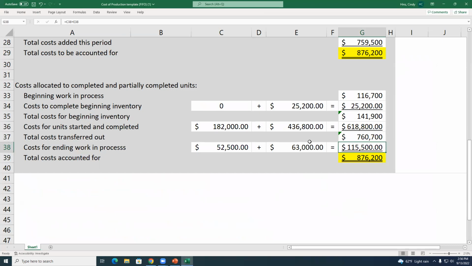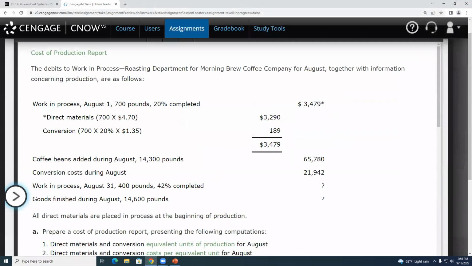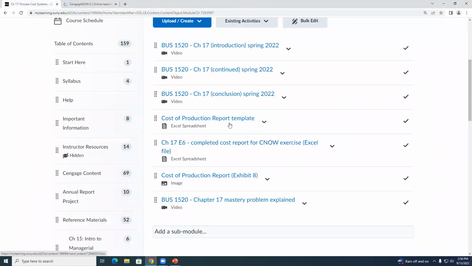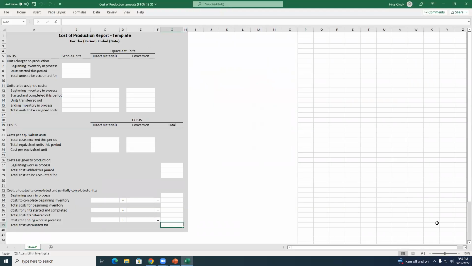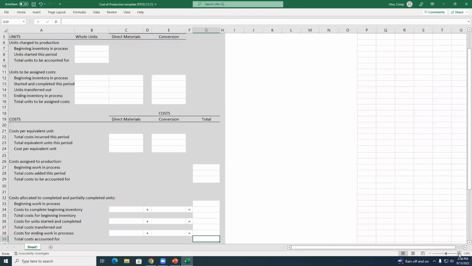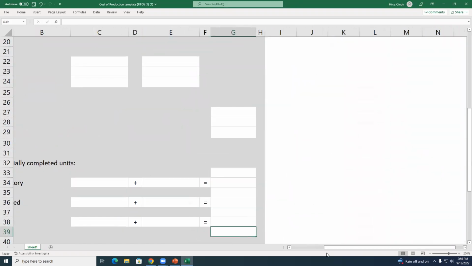I'm just getting a clean copy of the template so we can use that without me having to erase.